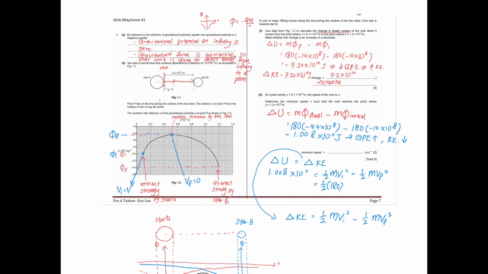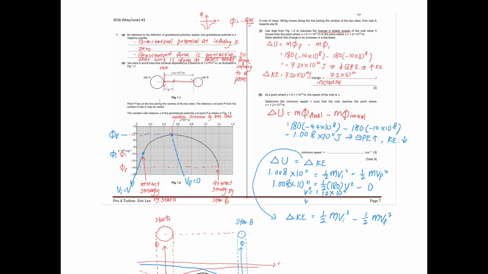So substitute with value: half times 180, and v initial is v, the value we need to look for. The final velocity is 0, so it makes the whole term turn to 0. Now we just need to solve this equation and find v. We will get v squared as 1.12 times 10 to the power of 9.